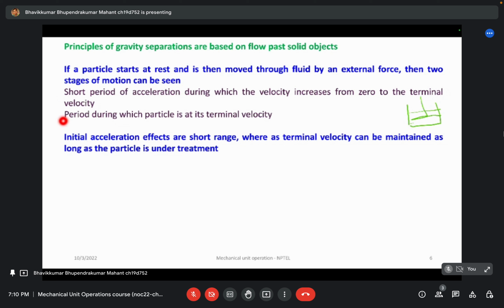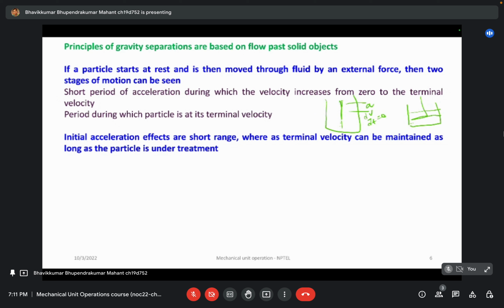First it takes some time to achieve that terminal velocity in the liquid, and after that the velocity is constant. So there is a period of short acceleration, and after that the constant velocity, where dv by dt is equal to 0. There is no change. Sometimes this initial acceleration is much more important in order to separate the particles into different fractions.